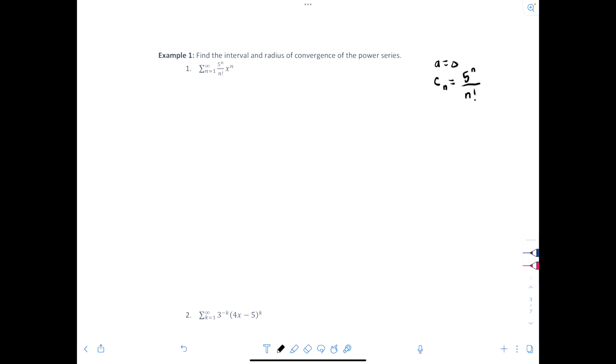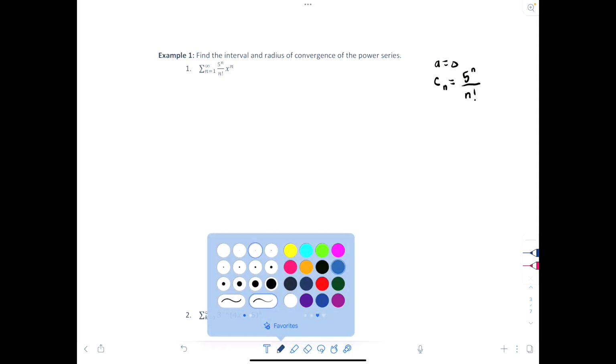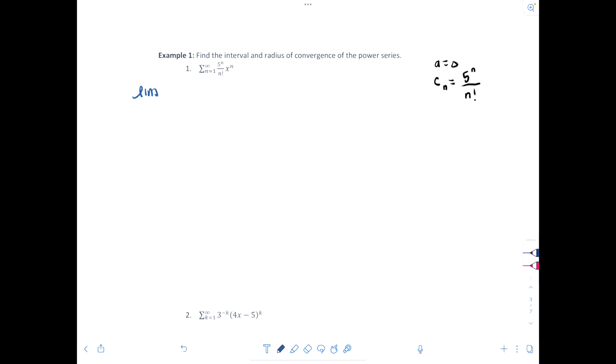So what we need to do is evaluate the limit as n approaches infinity of the n plus first term divided by the nth term. The n plus first term would be 5 to the n plus 1 times x to the n plus 1 over n plus 1 factorial.